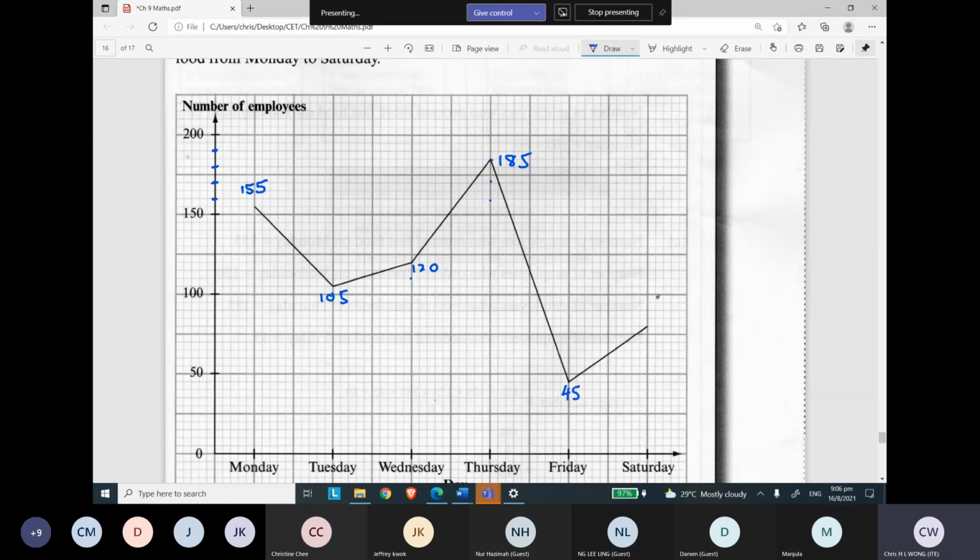And the last one, Saturday? No, no. It's 50 above, between 50 and 100.